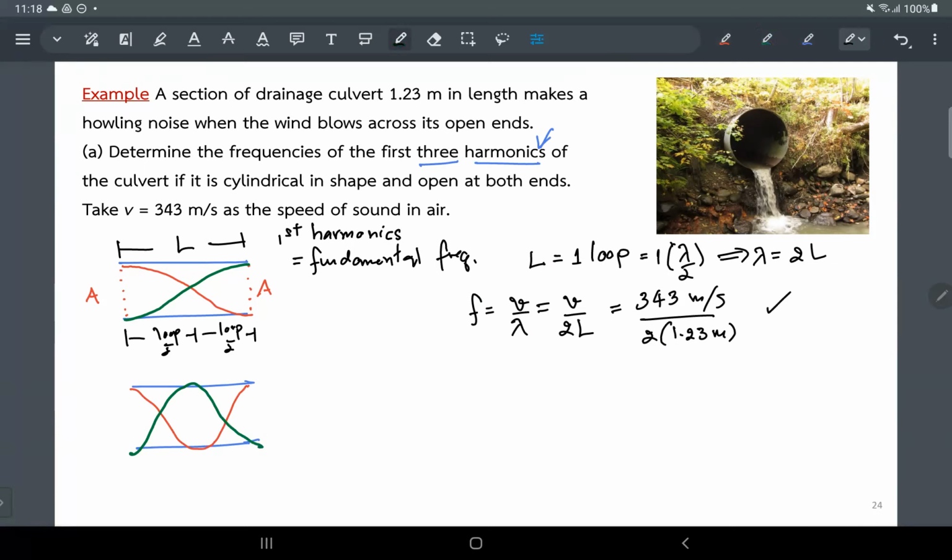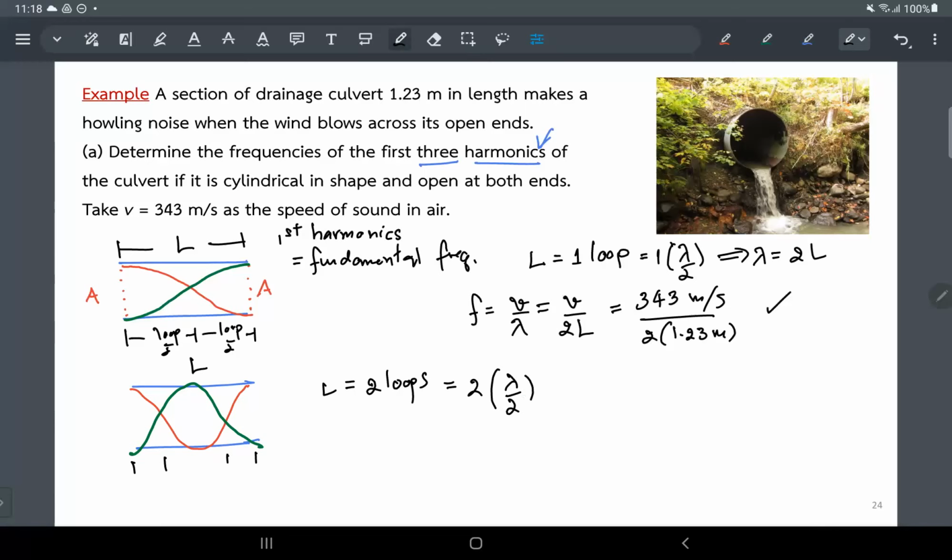The calculation is still fine because now the length of the tube is going to be 2 loops. Half, and 1. So this is a loop and a half, and 1 loop. So 2 loops overall. And each loop has a length of wavelength over 2.